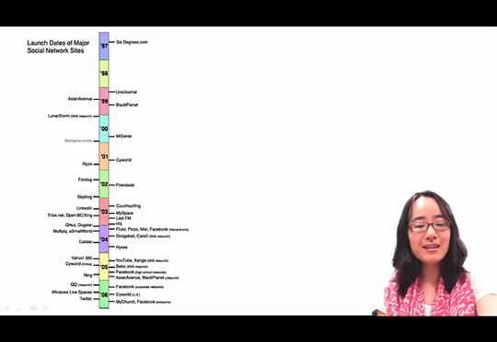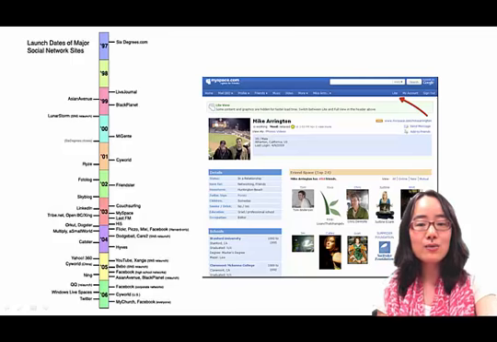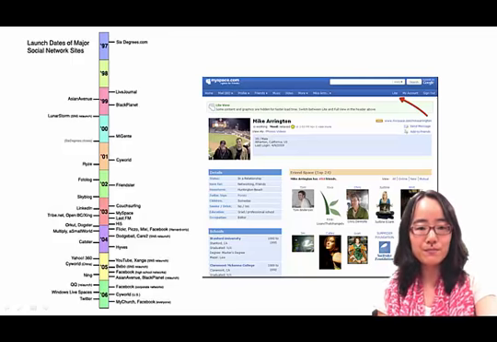For example, the original MySpace was founded in 2003 and was later acquired by the News Corporation in 2005. From 2005 until early 2008, MySpace was the most visited social networking site in the world.